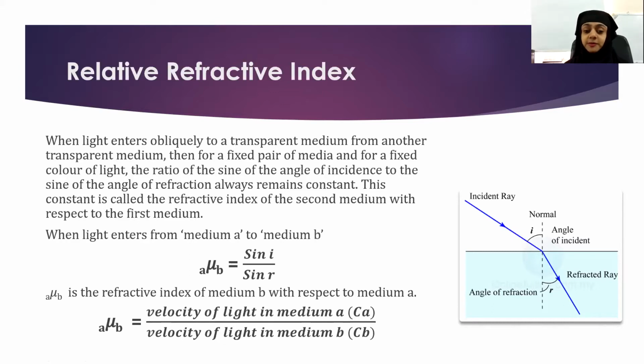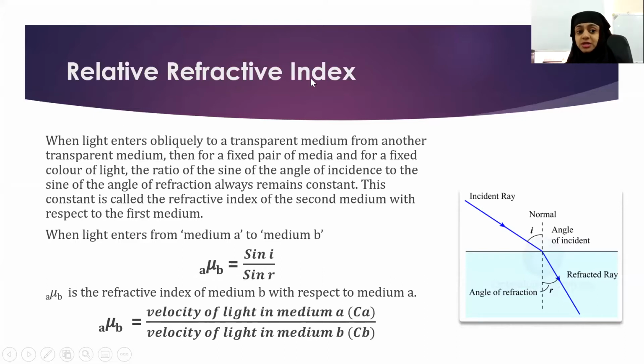I guess we learned: velocity of light in medium A, that is the first medium, which is represented by CA, divided by velocity of light in medium B. So what do you call this? This is the refractive index of medium B with respect to medium A. That is the refractive index of second medium with respect to the first medium.